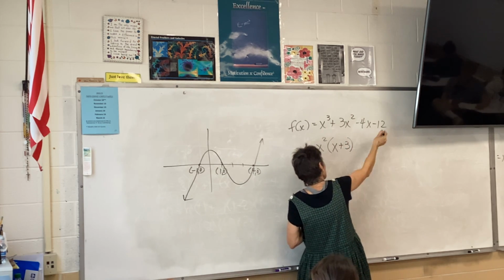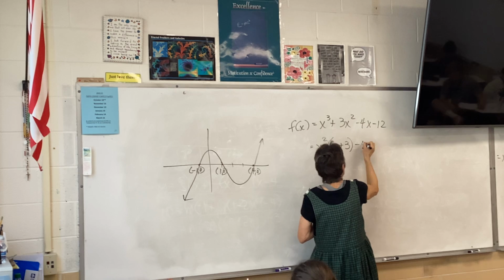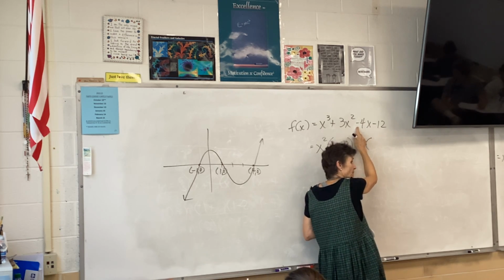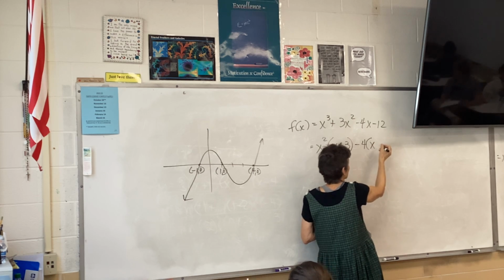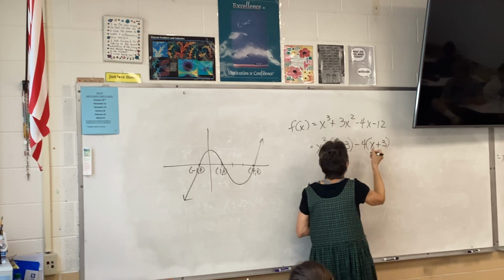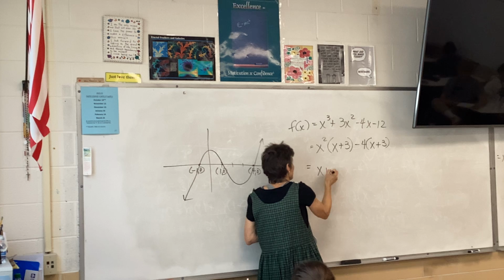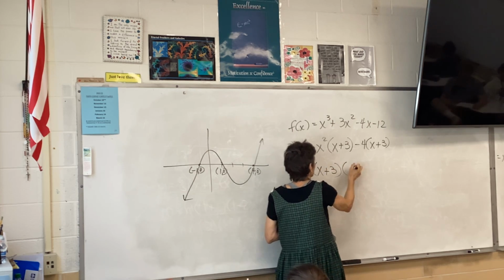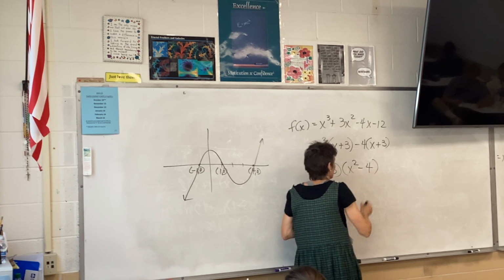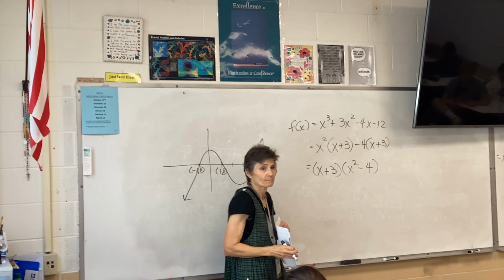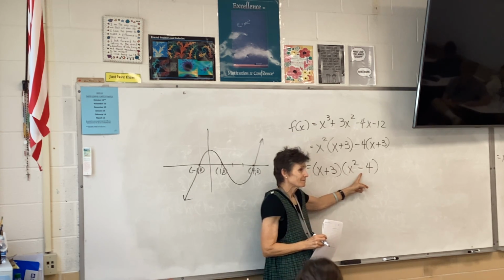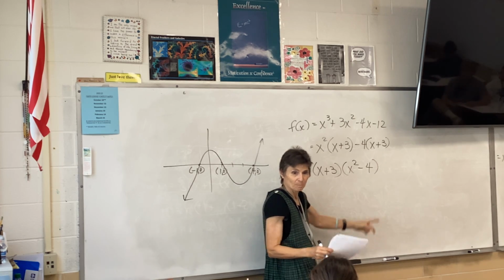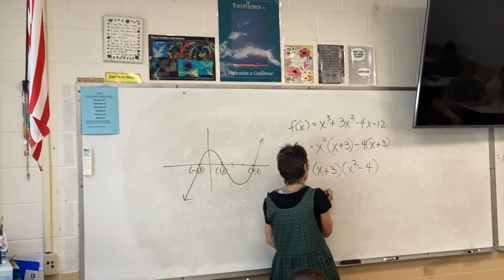What can we take out here? -4. I would always, if that's a minus, take out the negative. So minus 4 times x plus 3 again. Oh my, this is so wonderful. Look what we have this time, guys. X plus 2, x minus 2.